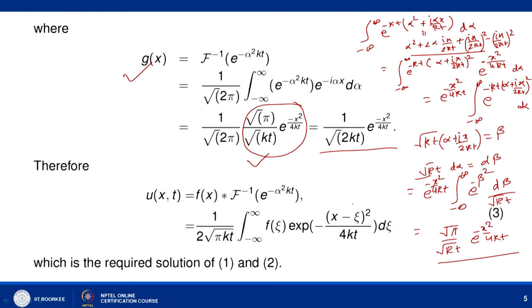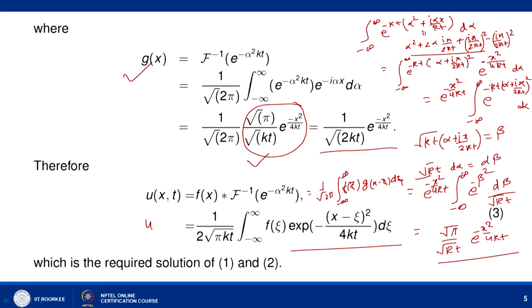So, here we simply say that we can write f convolution g of x as 1 upon root 2 pi integral from minus infinity to infinity f of xi, and now in the argument of g we write x minus xi, d xi. We already have g of x, so we can define g of x minus xi, and we have written it like this.